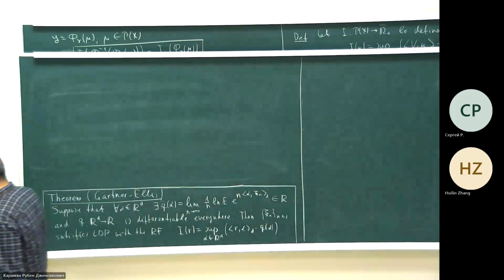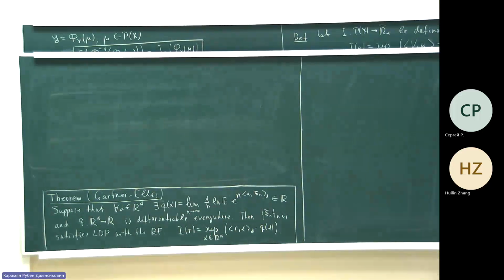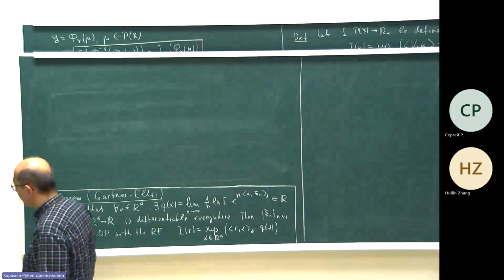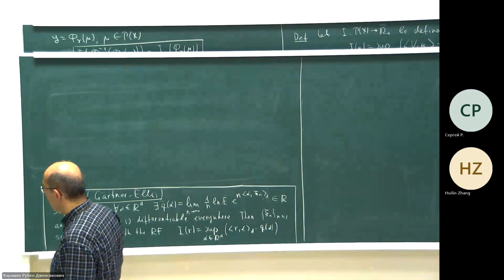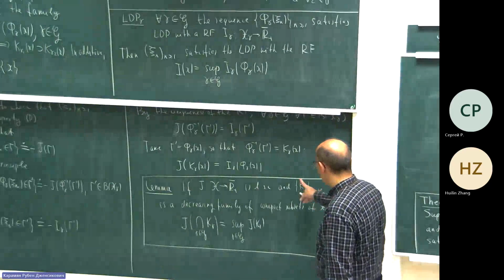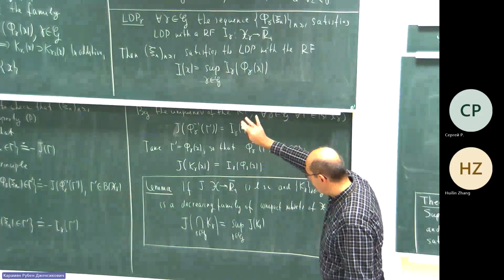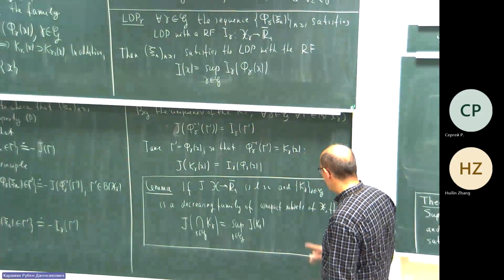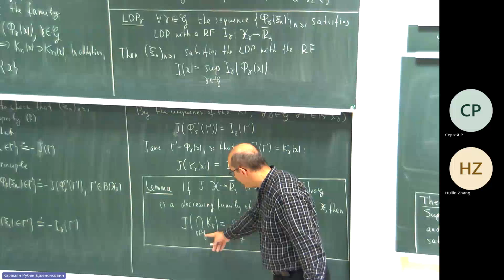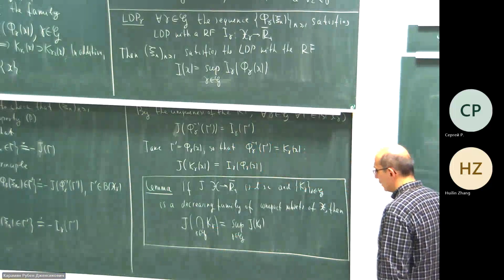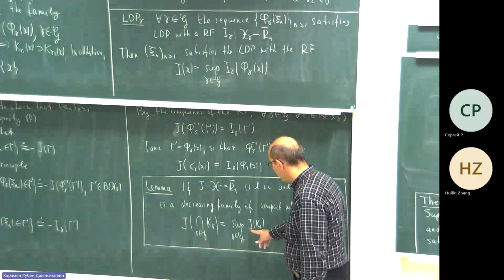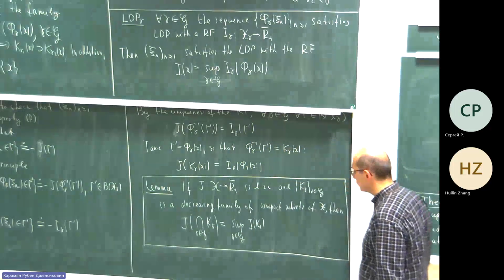It's more or less clear what we did up to this point. Let's discuss this later. So we have a lower semi-continuous function and a decreasing family of compact subsets. It is independent from anything. Then the claim is that the infimum over the intersection is exactly the supremum of J of K_gamma.